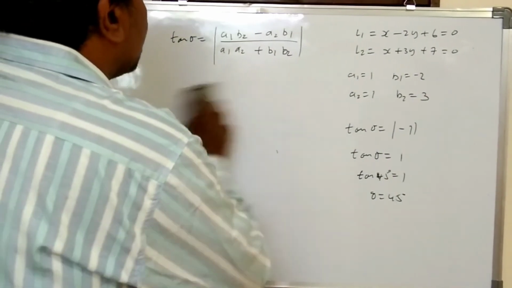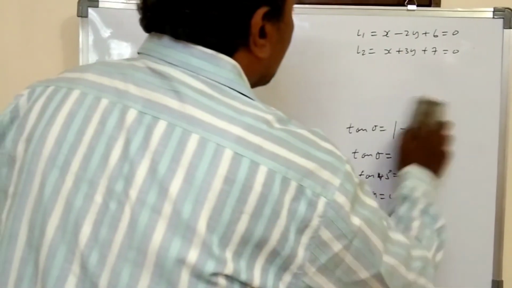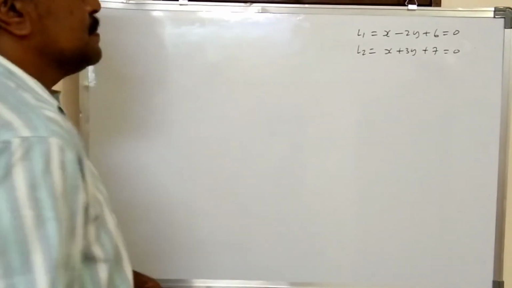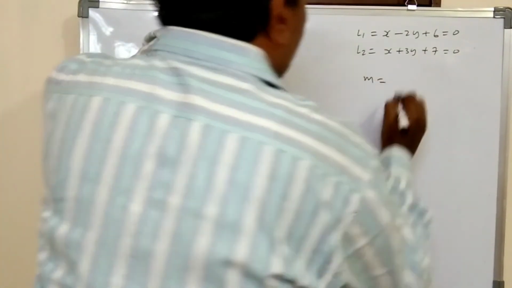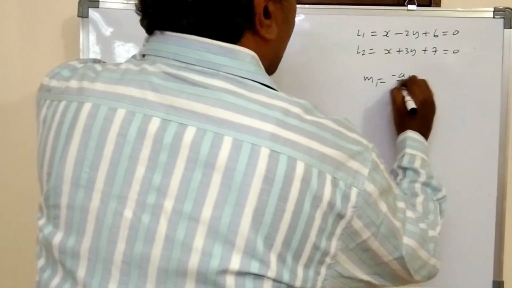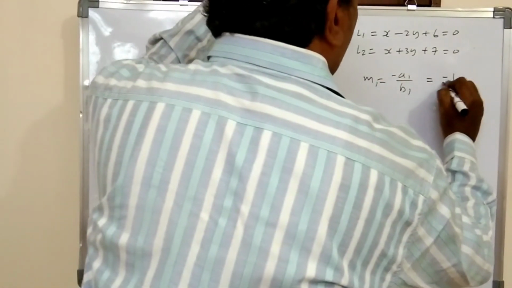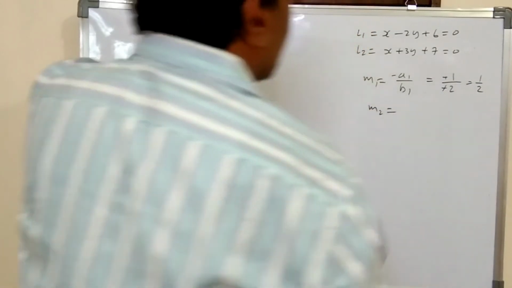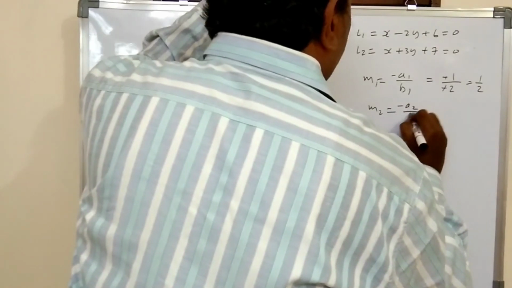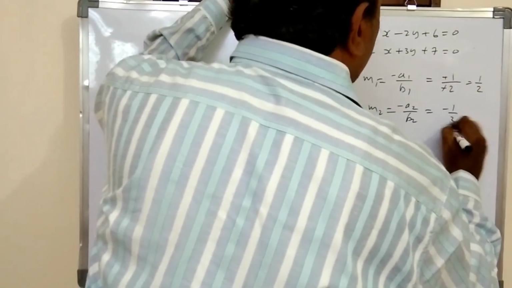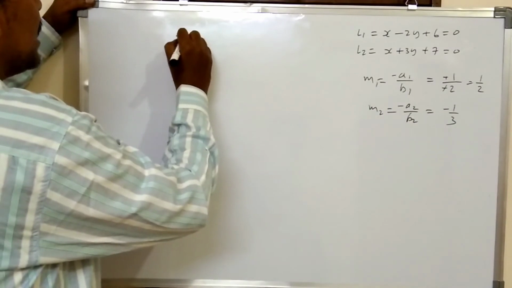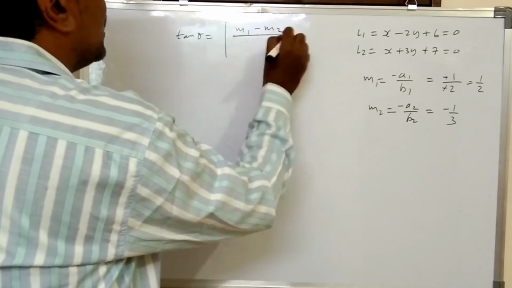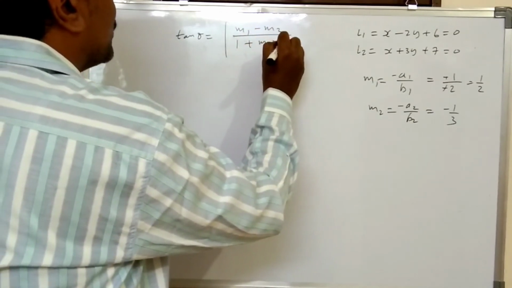Now using slopes. How to find the same angle using slopes? So we take M1. M1 is equal to minus A1 by B1. That is equal to minus 1 by minus 2 is equal to 1 by 2. M2 is equal to minus A2 by B2, minus 1 by 3. Now apply the formula for tan theta. Tan theta is equal to M1 minus M2 by 1 plus M1 M2.